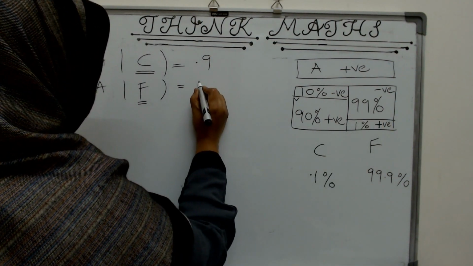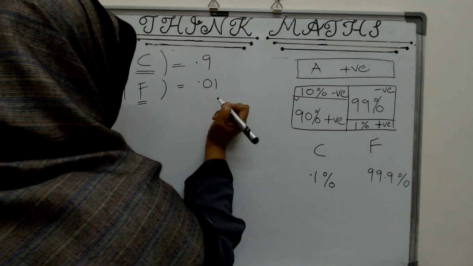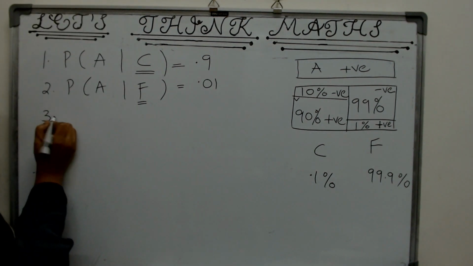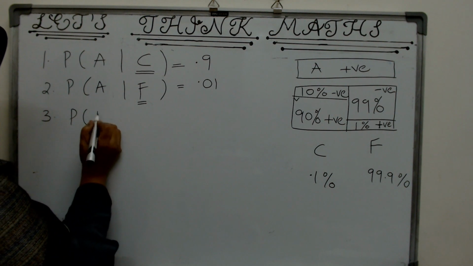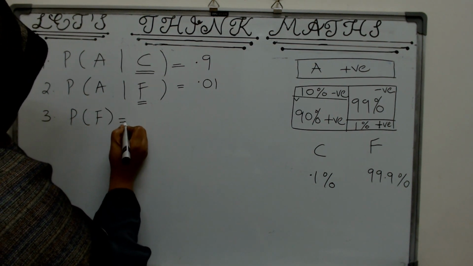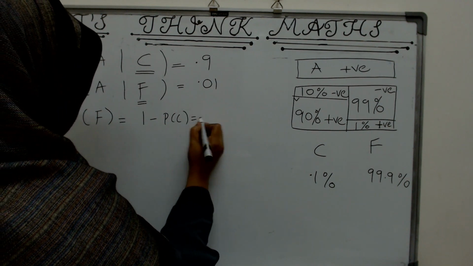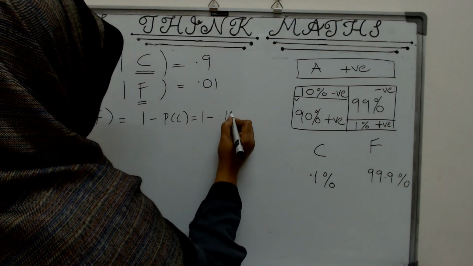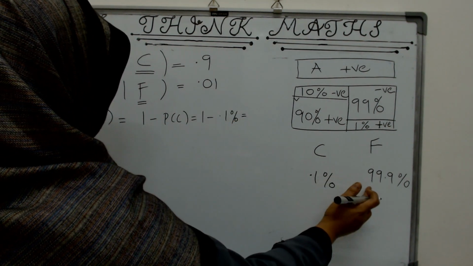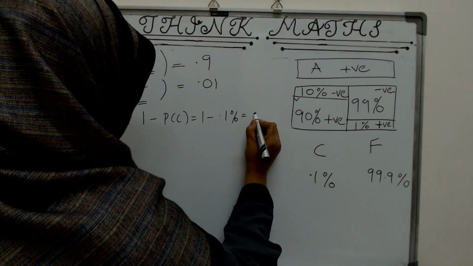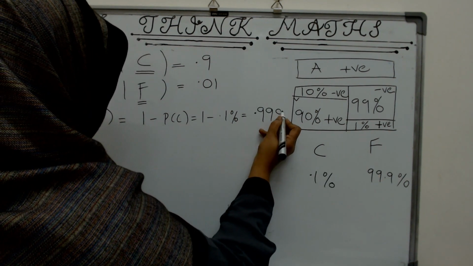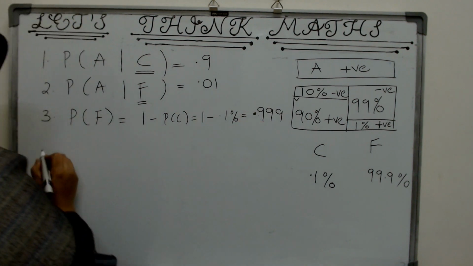So it is 1%, which means 0.01. And the third thing, as I said, if you remember, what is the probability of F? The probability will be 1 minus probability of C, which is 1 minus 0.1%, which would be 99.9%, which will be 0.999.